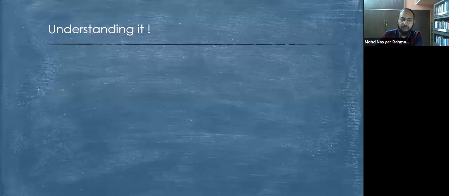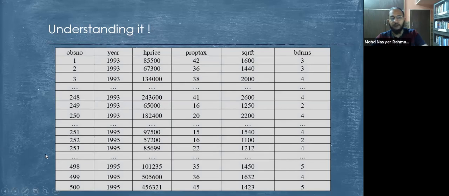Okay. So we have this example. Now see the issues in it. We have observations and then you have years. How many years do you have? 1993, one time epoch, 1995.